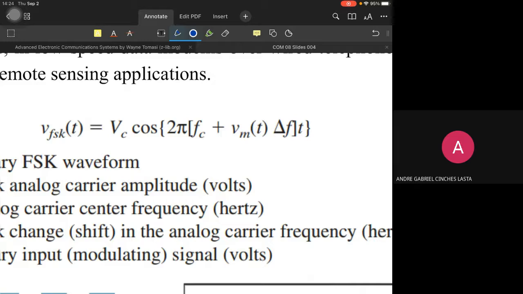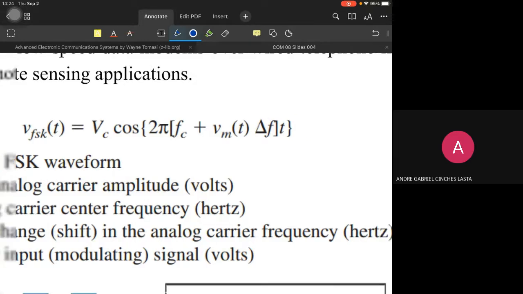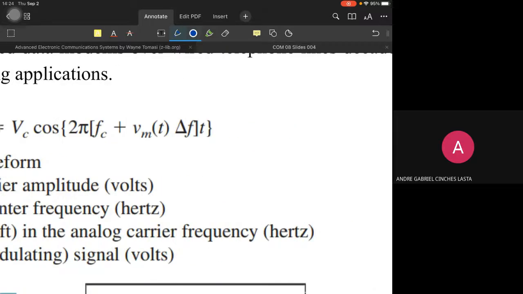We choose voltage values for logic 1 and logic 0.